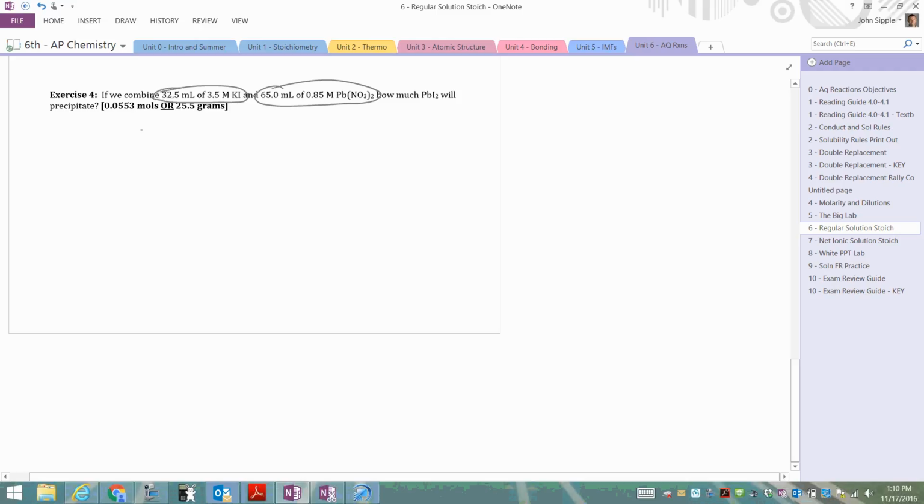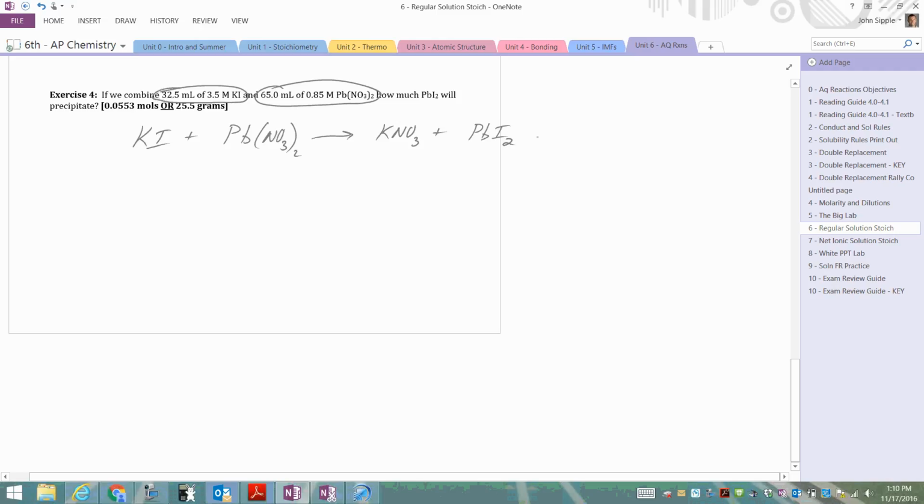So first thing, no matter what, we got to have a balanced equation, right? Potassium iodide and lead nitrate combine to form, what are my products here? Potassium nitrate, okay, good. And lead iodide, good.